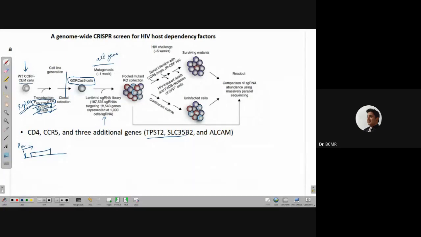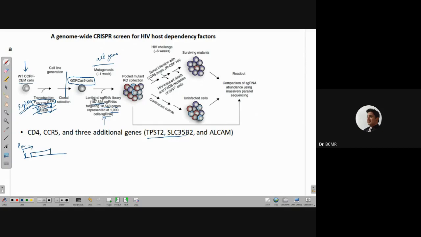In that, they have chosen about 18,500 protein coding genes. They have taken in excess, at least 1,000 cells per single type of single guide RNA specificity, to increase the probability of representation of mutations in all the different types of genes. Because they want to increase the probability, they have taken a large pool.